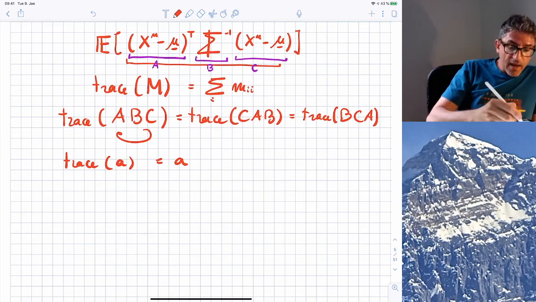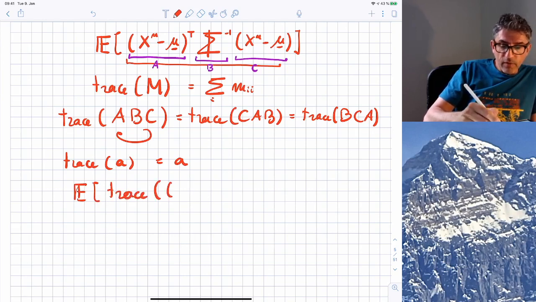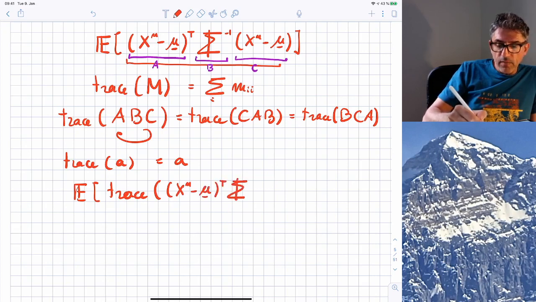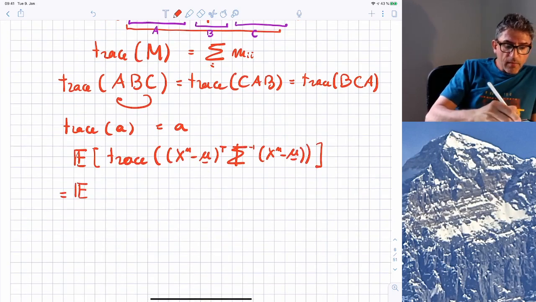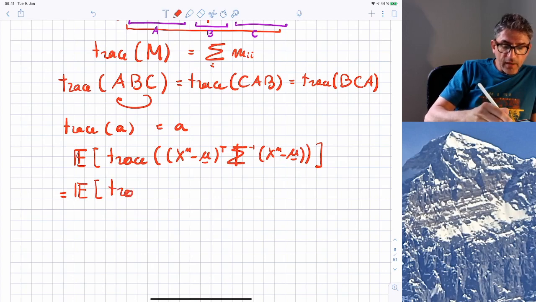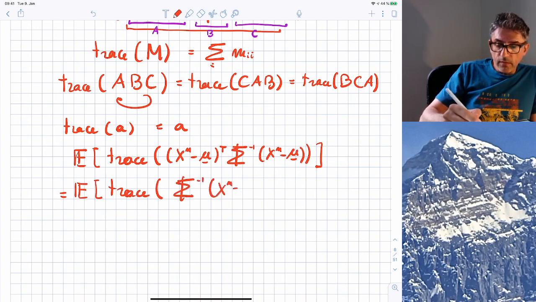So we can write this as the expectation of the trace of our product of vector times matrix times vector. Now I use the cyclic property and write this as the expectation of the trace, where I do a cyclic shift: I put this, then this vector, and then this goes back.